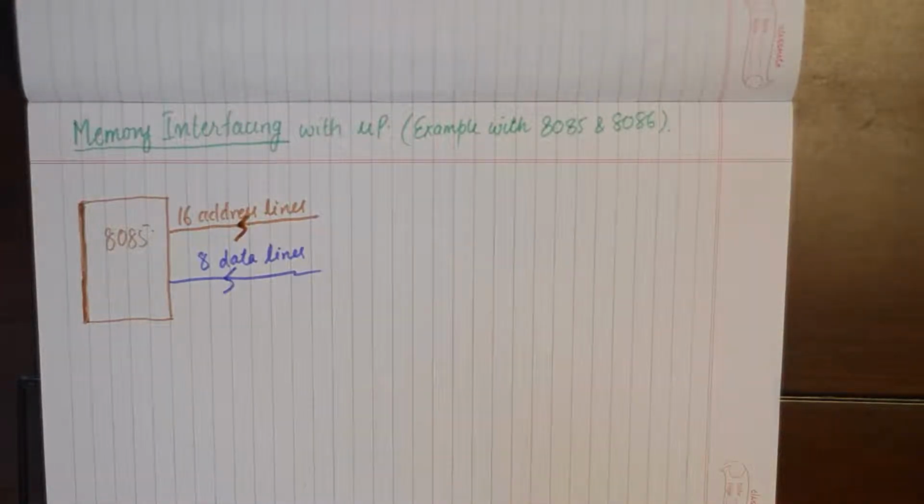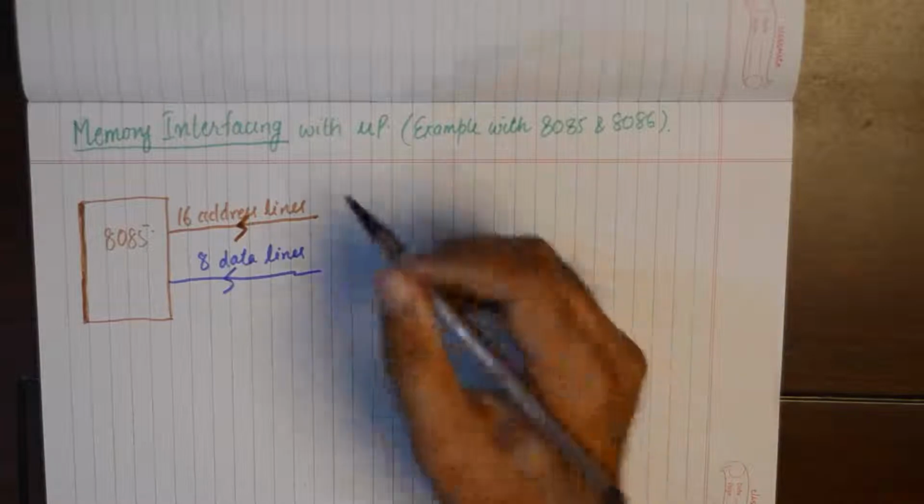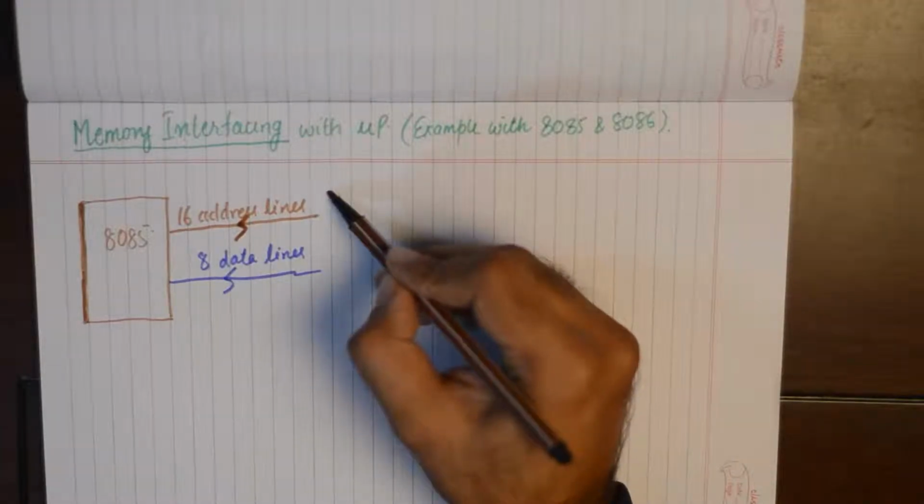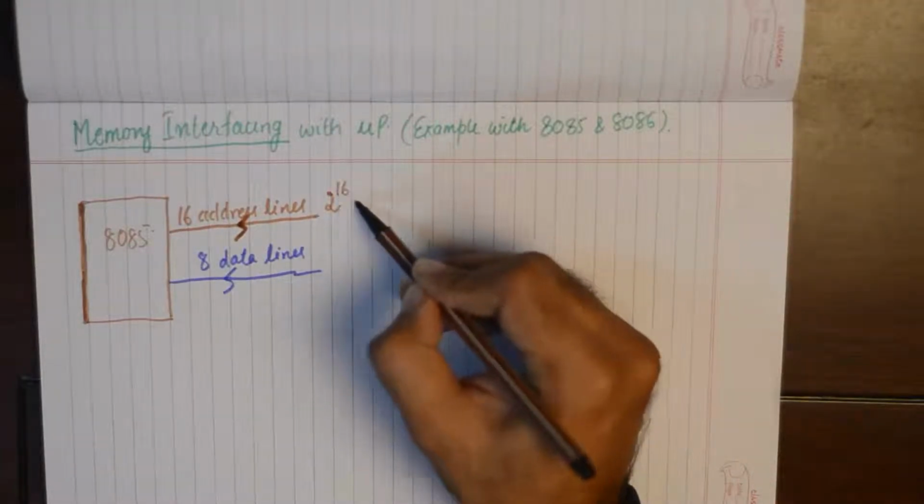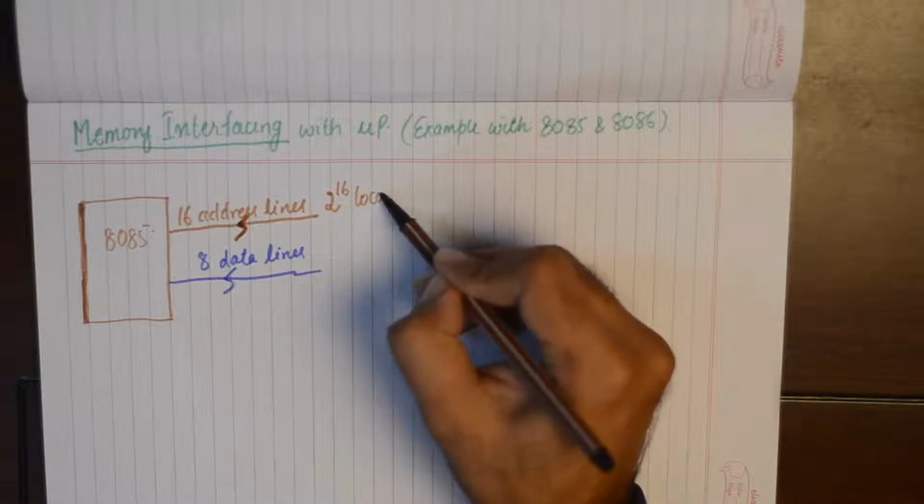Now before we actually attach a memory to the 8085, we must understand that by virtue of having 16 address lines, it can be connected to a memory that has 2 raised to the power 16 locations.